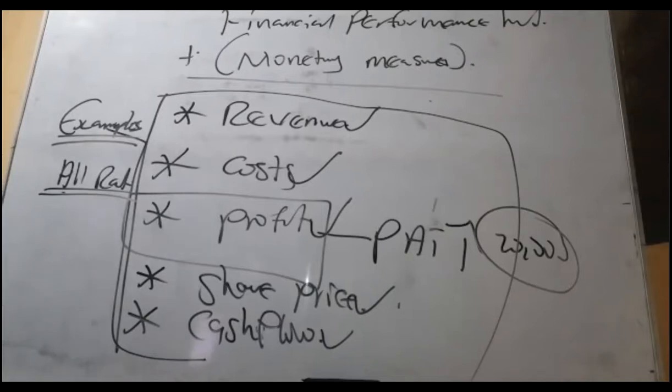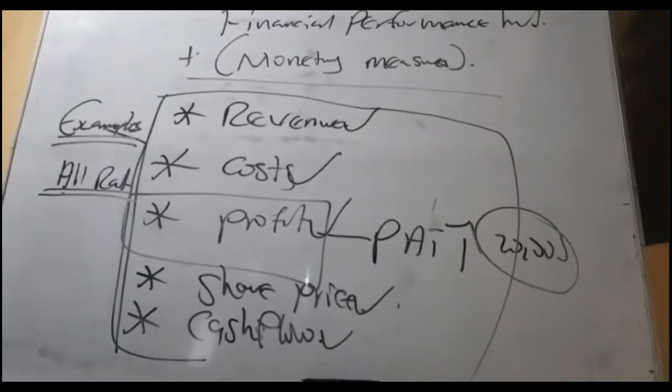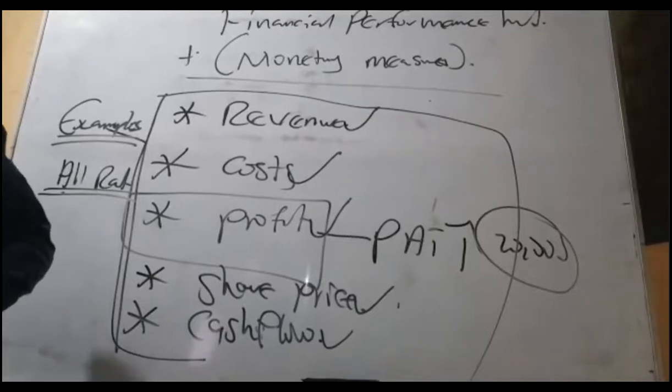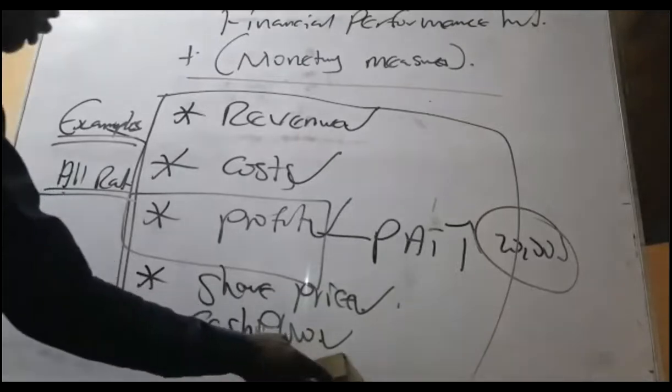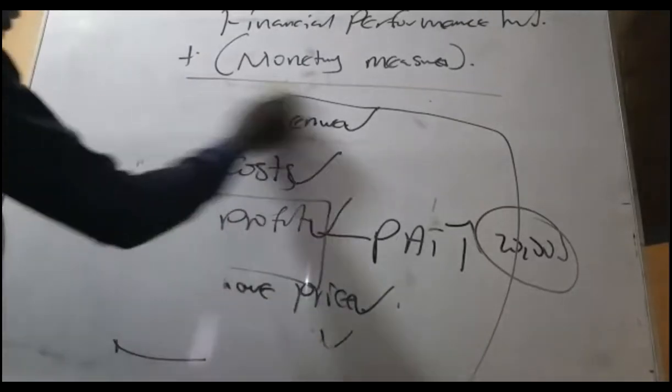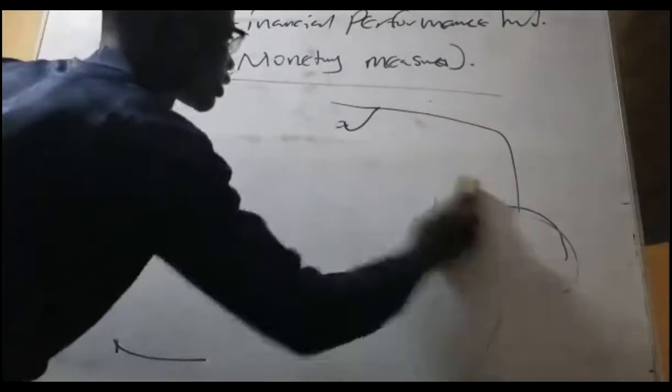So we should know how to assess the company using the profitability ratios, liquidity ratios, and the risks, that one talks about the activity, receivable days, payable days. All of this can be used to assess the financial performance of the organization.